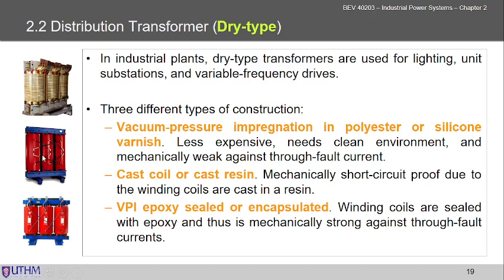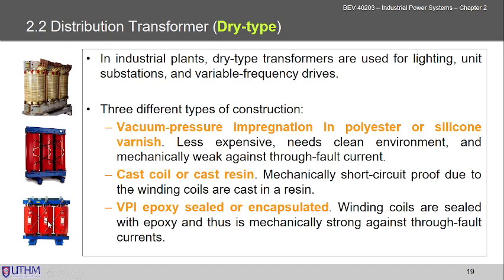And the second and the third ones are the cast coil or cast resin, because this is mechanically short circuit proof. It is mechanically strong against short circuits, because the insulation here is using cast coil or cast resin.